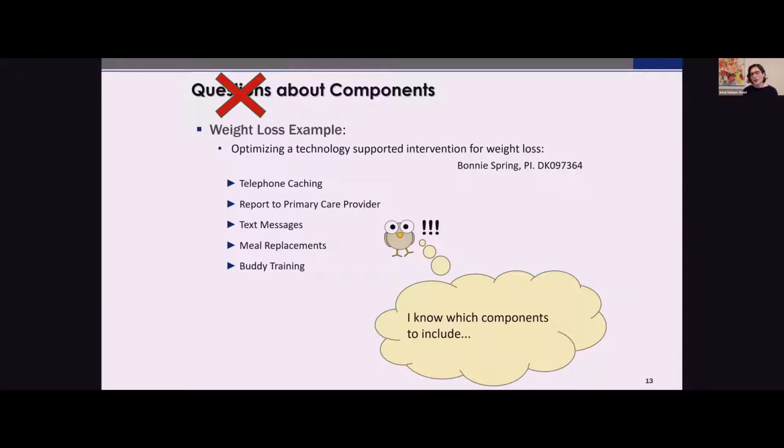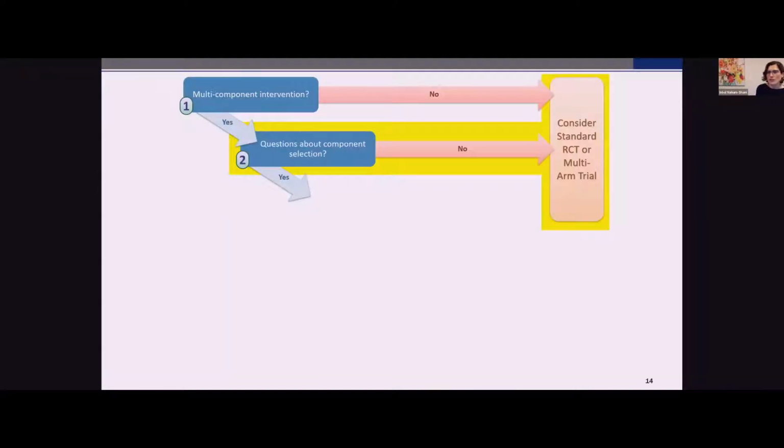Then all she needs to do is take this intervention package with all 5 components and confirm its effectiveness compared to control. So this is where the answer no to question number 2 would lead us to choose a standard randomized control trial.